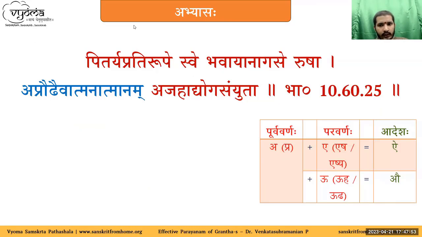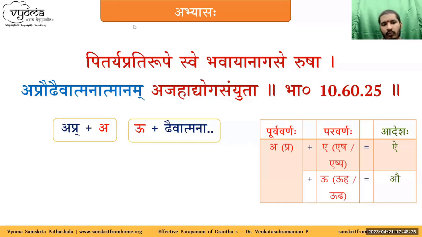Here we have an example from the Bhagavata. Pitarya pratirupe sve bhavaya nagaserusha apraudhaivatmanatmanam ajahatyoga sanyuta. Here apraudhaivatmanatmanam is given. If you see the first part, apraudha is there. How do we split it?